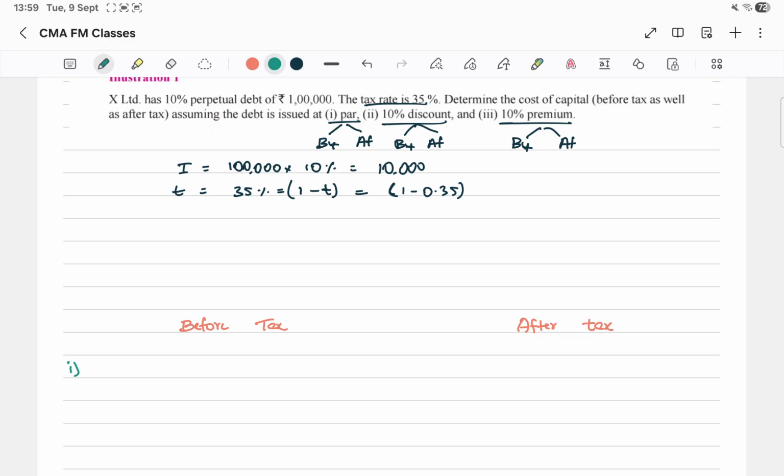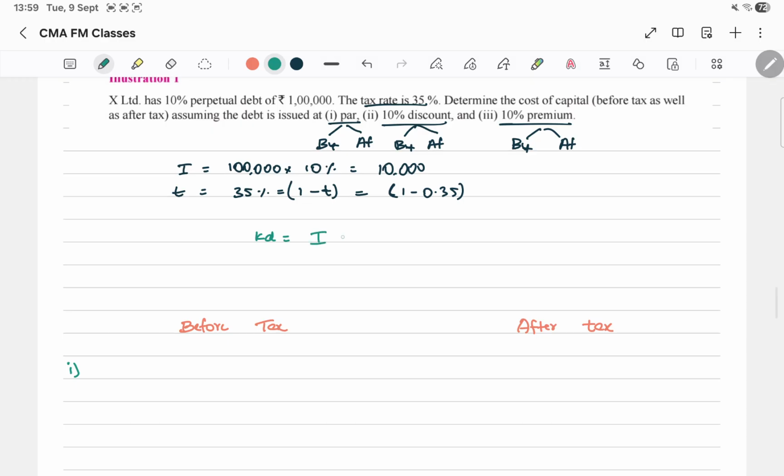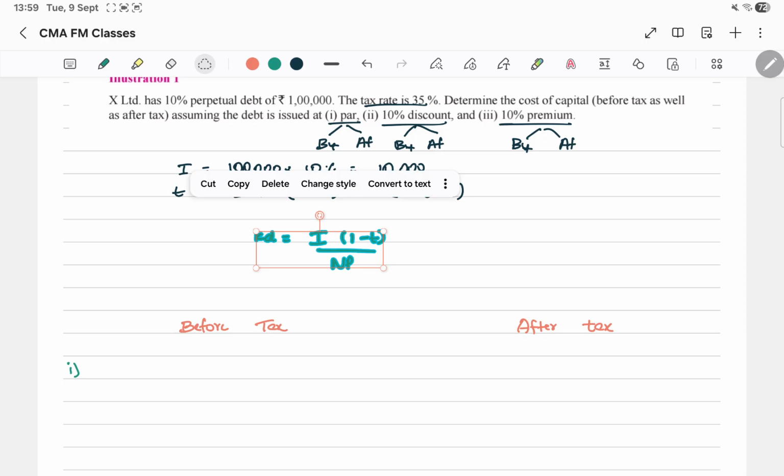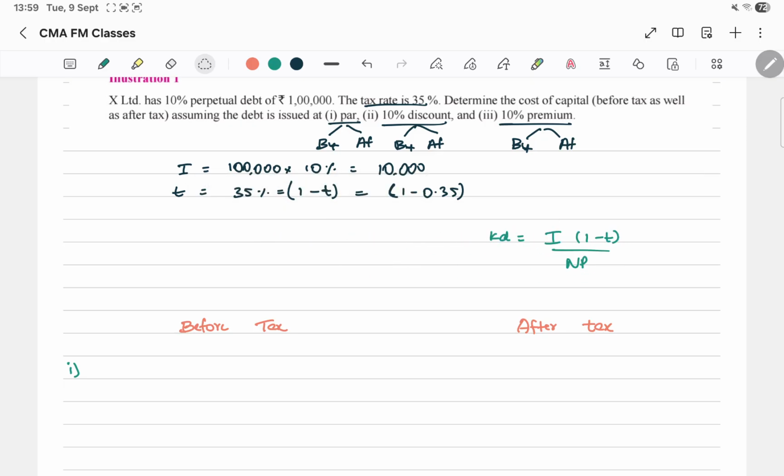KD, the cost of debt, is equal to interest into 1 minus tax divided by NP. And before tax, KD equals I divided by NP.